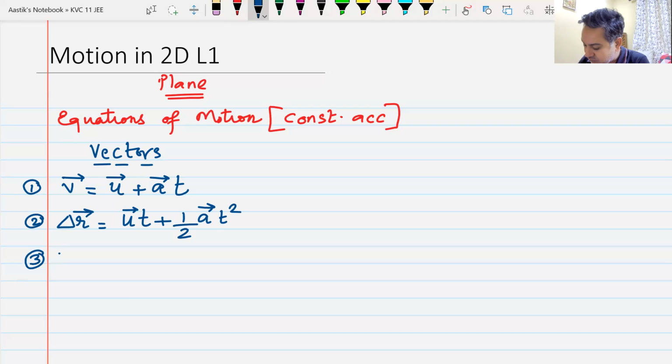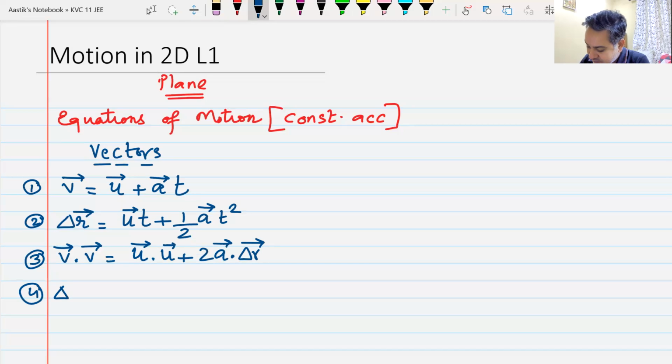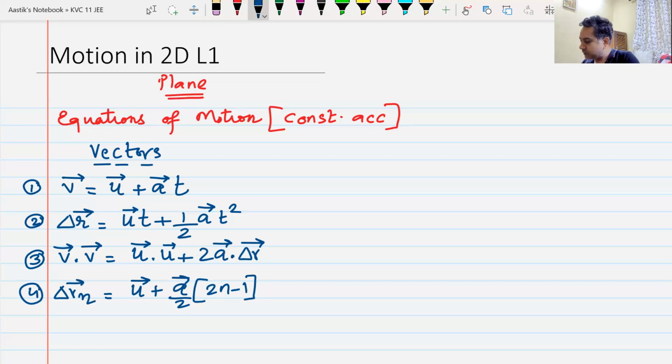Equation number 3 looks a lot more difficult in vector form. In the scalar form, it is v dot v equals u dot u plus 2 times a dot the displacement. And the fourth equation was the one we had written for displacement in the nth second, which was u plus a by 2 vector times (2n minus 1).